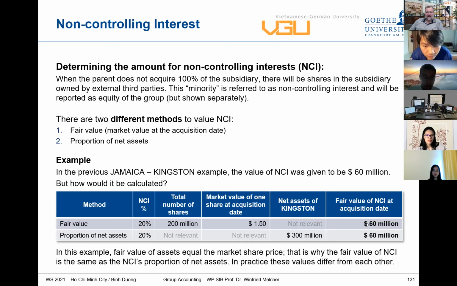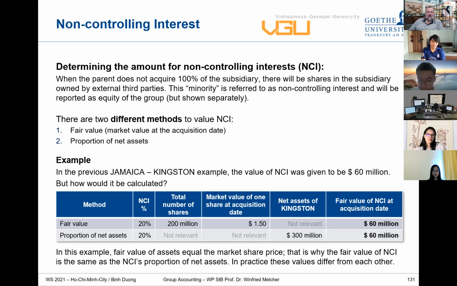If we don't have that information, then we would just look at the net assets of Kingston, which is 300 million, and we just took 20% of that. So we have a fair value of that non-controlling interest of 60 million.